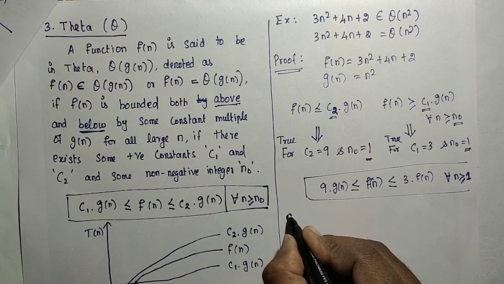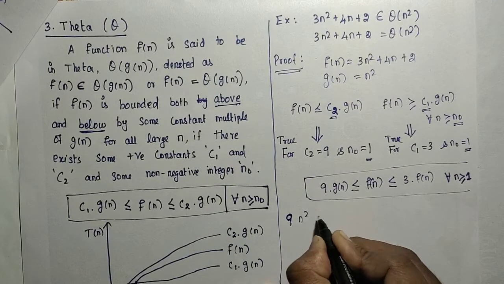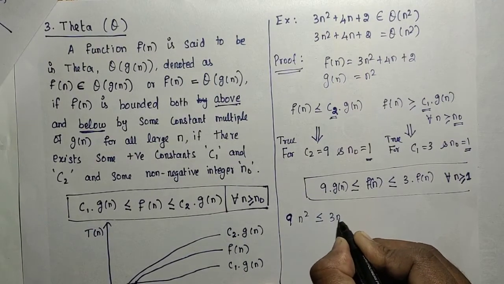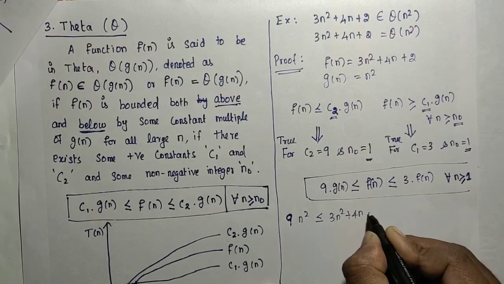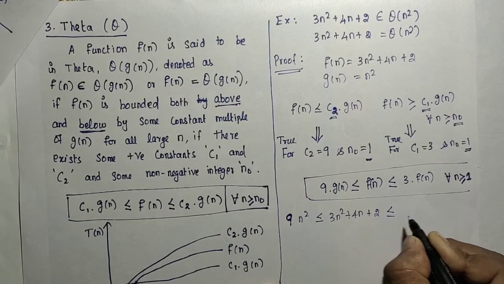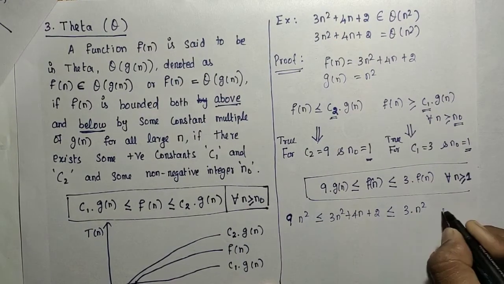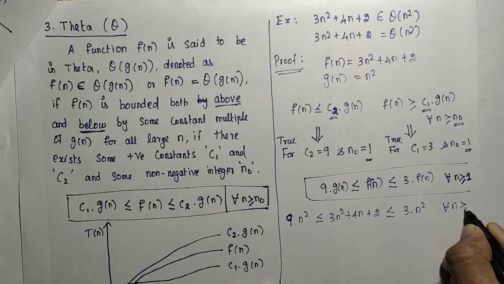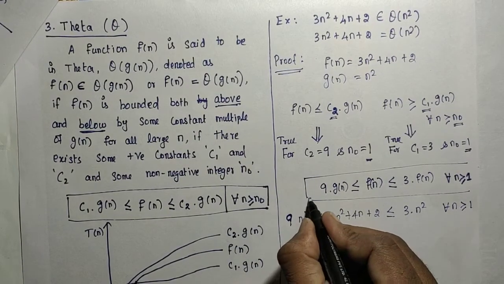So that is 3 into n squared is less than or equal to 3n squared plus 4n plus 2, less than or equal to 9 into n squared, for all n greater than or equal to 1.